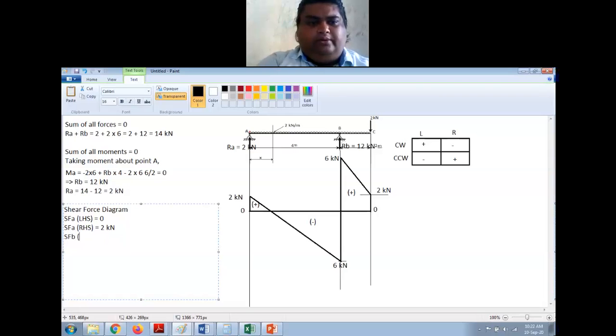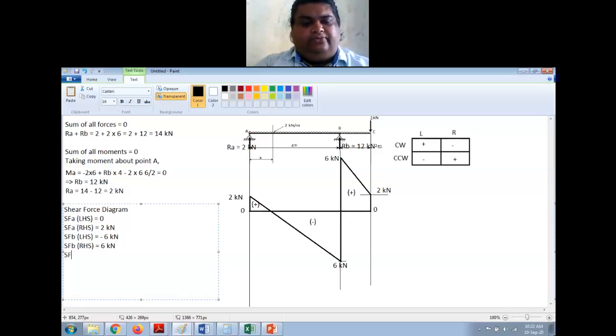Then come to point B, SFB LHS is equal to 6 kilonewton negative. So minus 6 kilonewton. Similarly, shear force at B on right hand side is equal to plus 6 kilonewton, right? So 6 kilonewton.